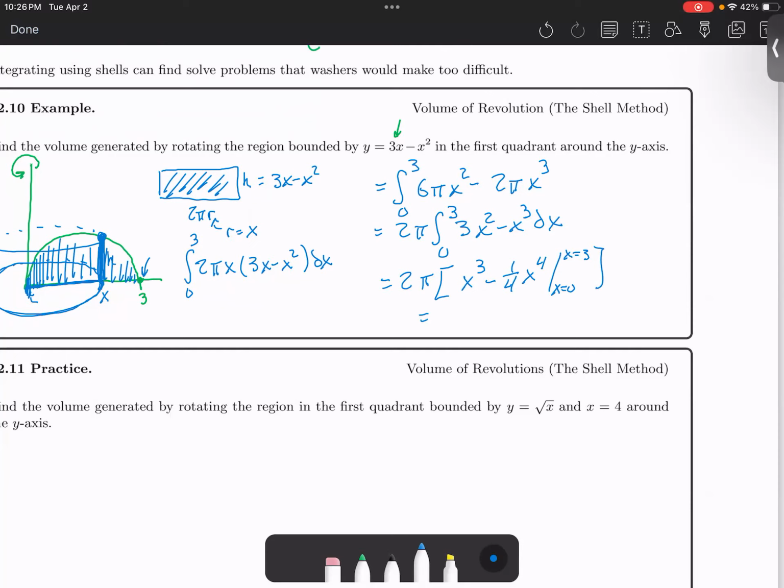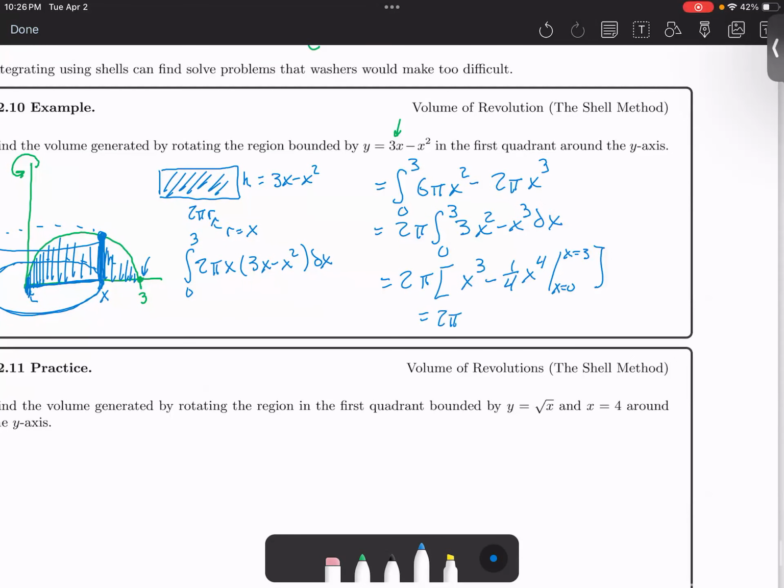And skipping all the algebra, we should be good at evaluating antiderivatives by now. We have 2 pi times a 27 minus an 81 over 4, which simplifies down to 27 pi over 2.